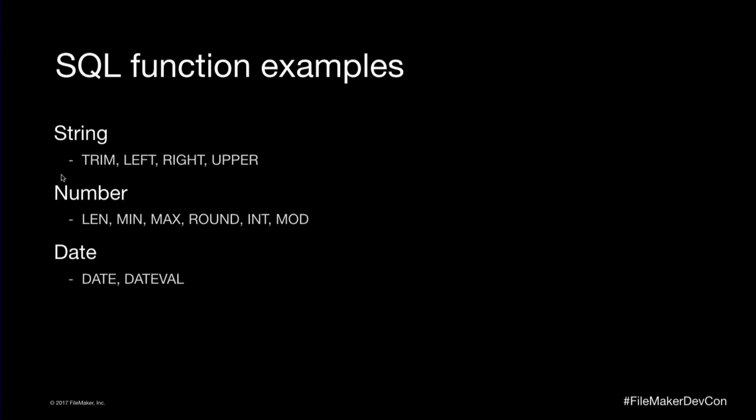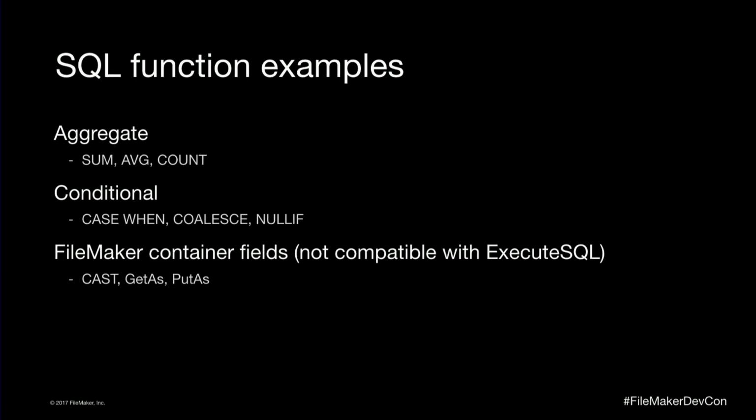Some of the popular string functions are trim, left, right, upper. Those correspond exactly to what you think they would do in a similar FileMaker calculation. There are some number functions, some date functions, et cetera, to convert types and things like that. There are aggregate functions to allow you to, just like in FileMaker, sum fields, average, count, et cetera.